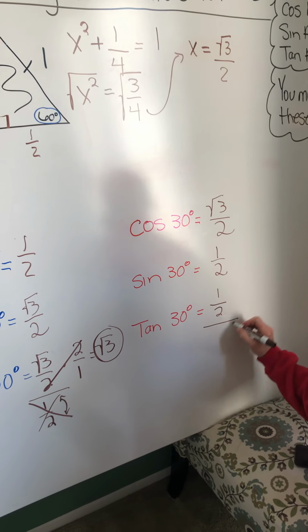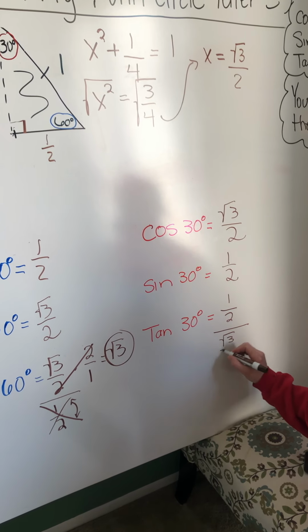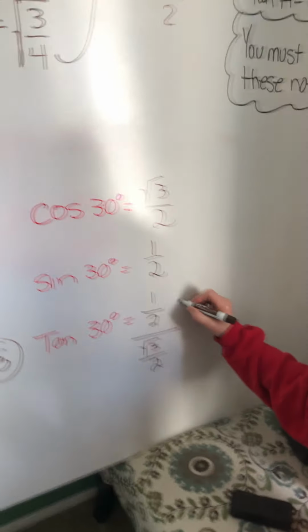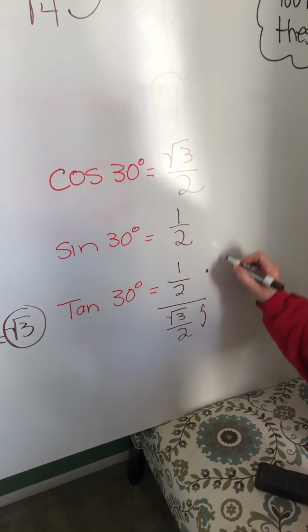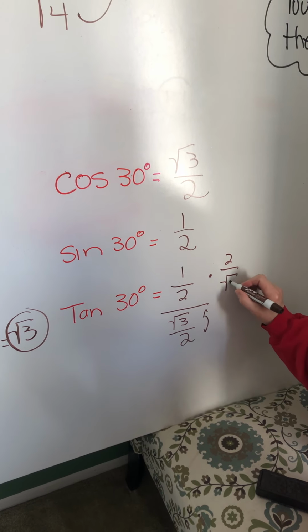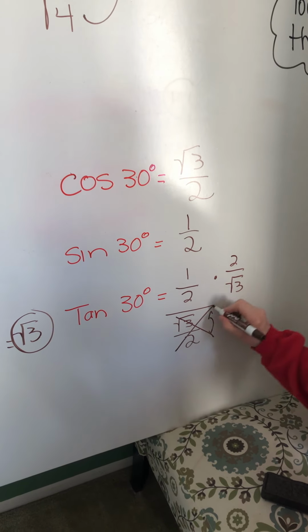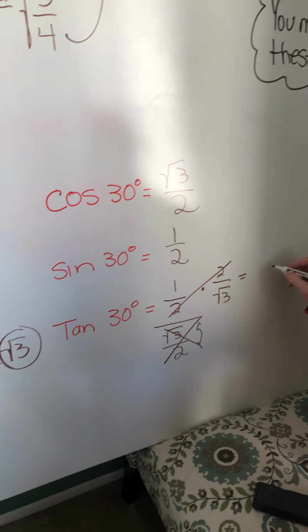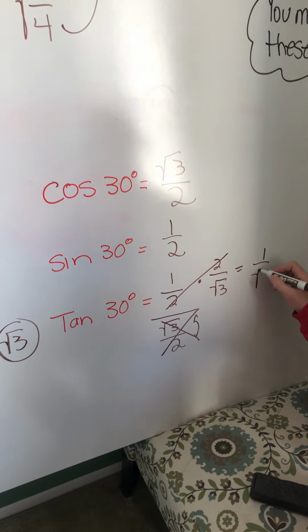1/2 divided by the square root of 3/2. We're going to do what we did before and multiply by the reciprocal. Notice the 2's cancel, right? And we are left with 1 over the square root of 3.